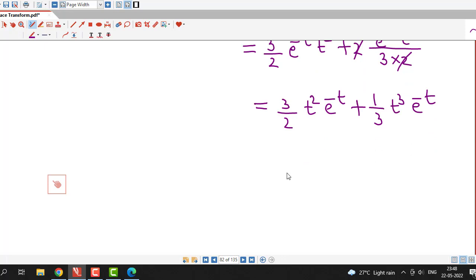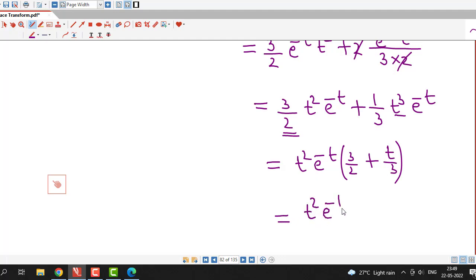So we can keep this as it is, or we can take t square e raised to minus t common. So we are having 3 by 2 left in the first term, and here t by 3, 3 by 2 plus t by 3, or by taking LCM, we can rewrite this as 3 into 3, 9 plus 2t divided by 6. So we can stop here also.